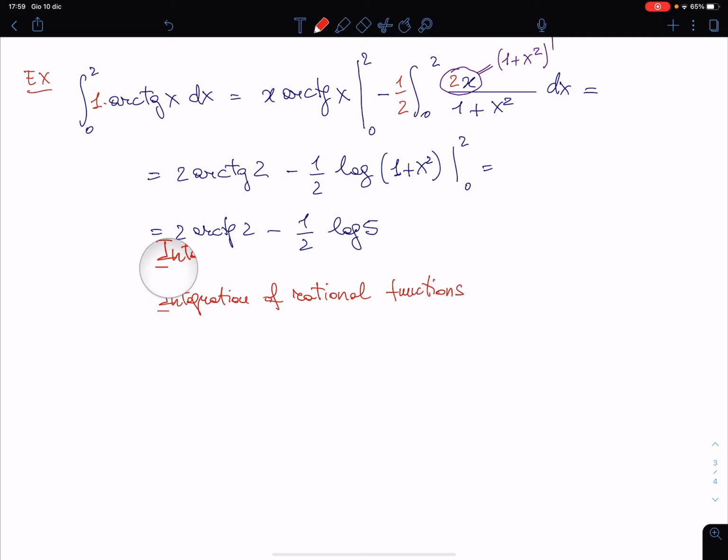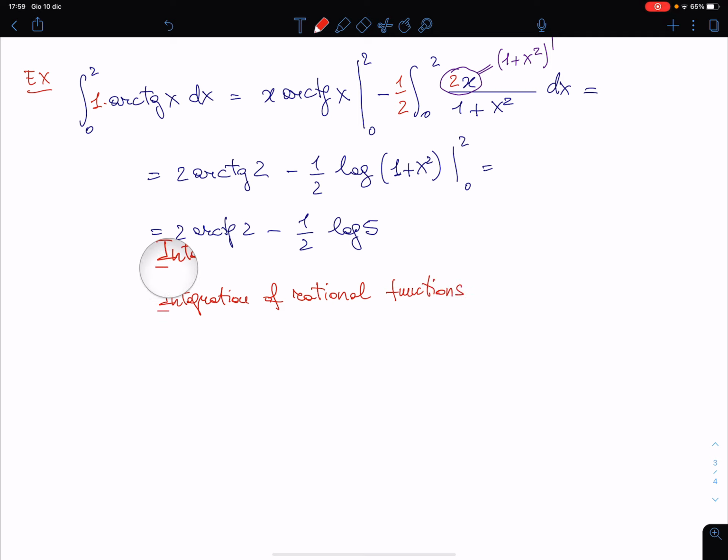So we have 1/2 log of the absolute value of y plus c if n is equal to 1. Otherwise, we have minus 1 divided by 2 times n minus 1, times y to the power n minus 1, plus c, for n larger than 1.